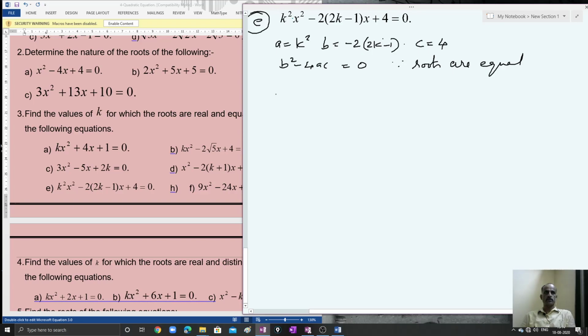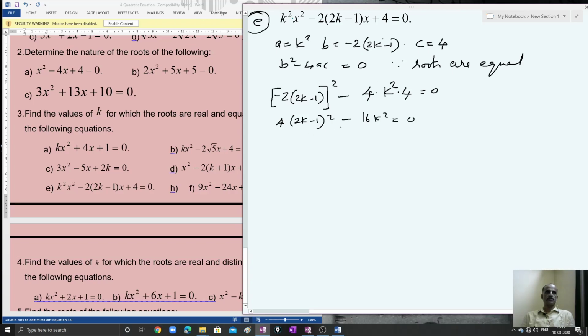Now let us use that: minus 2 into 2k minus 1, this whole square, minus 4 into 4 into 2k minus 1 whole square... minus 16k square is equal to 0.